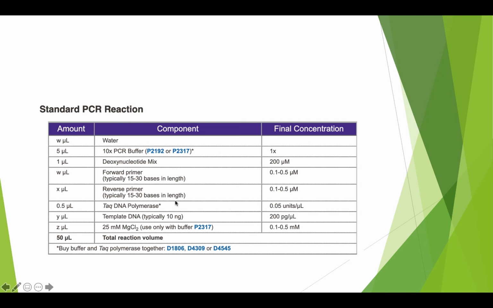What are the main things? Your template DNA. So you are providing the DNA that you're looking for, the DNA of the patient that you extracted. You take a specific concentration, so you must check its concentration. With bacteria it might be a bit less; it's not less important, but you do not want to overwhelm your reaction.